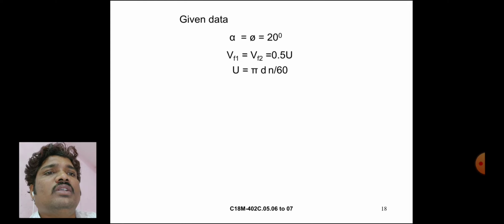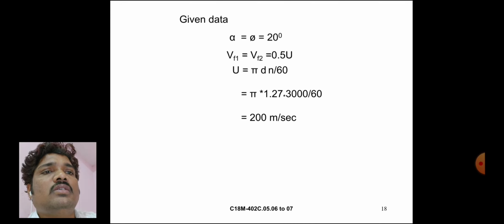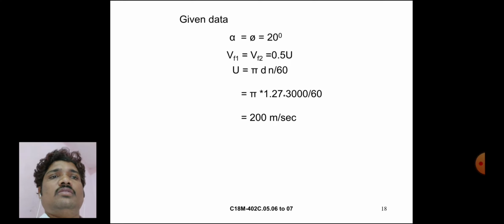U is equal to pi dN by 60, blade velocity. Pi d value is 1.27, N value is 3000 by 60. Blade velocity is 200 meter per second.